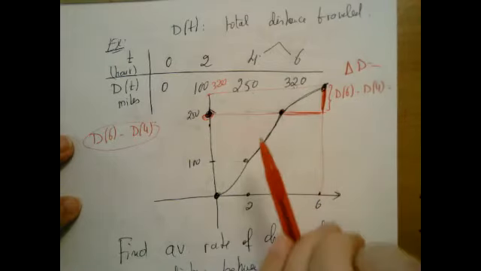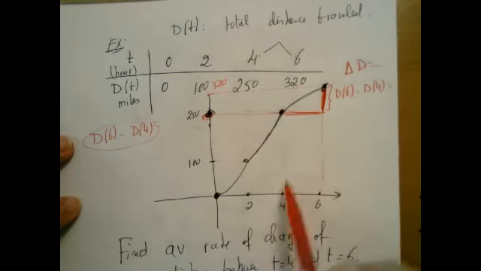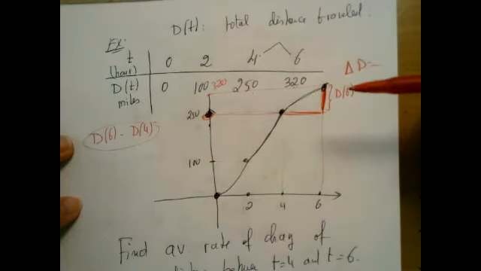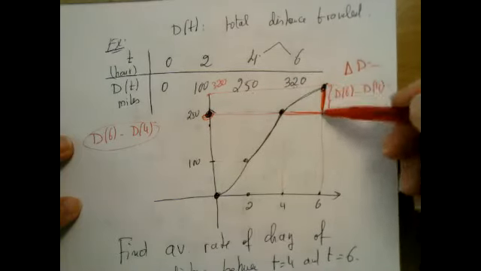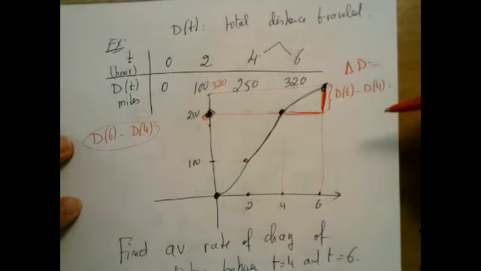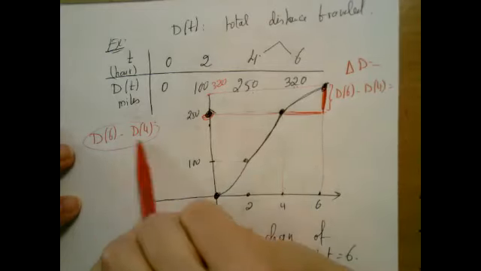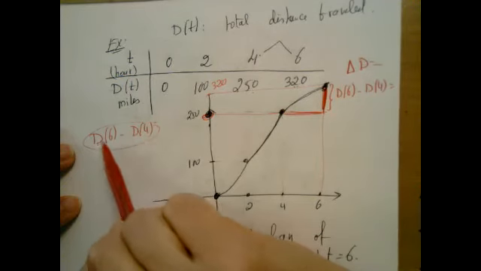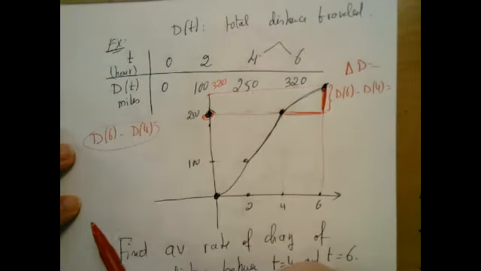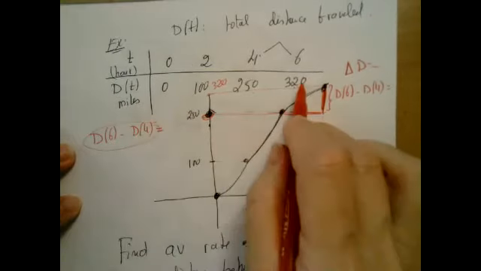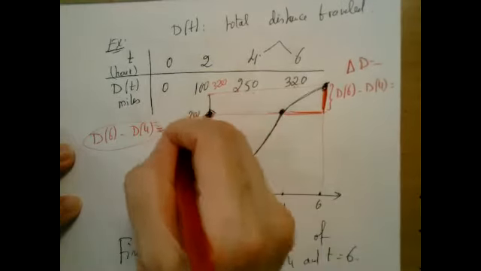The object is moving. After 4 hours, he had traveled 250. After 6, he had traveled 320. And I take the difference. What am I really looking at? Not yet, this is the second answer. I'm asking only about that piece, not the whole picture. When I'm computing this, I'm getting 320 minus 250, I'm getting 70.